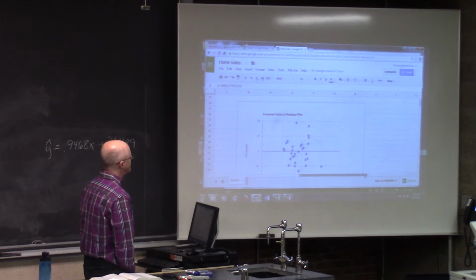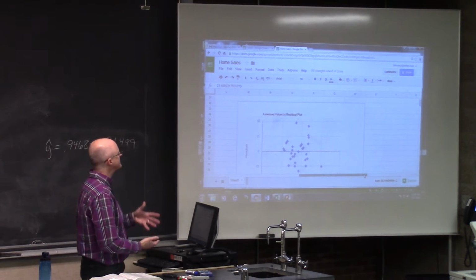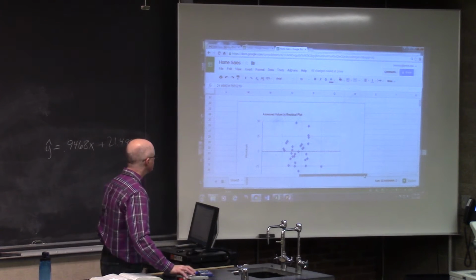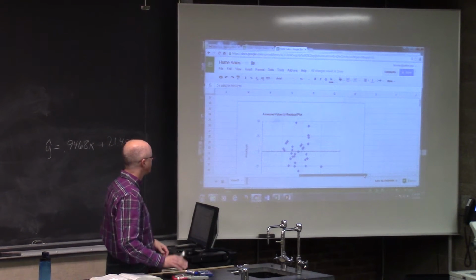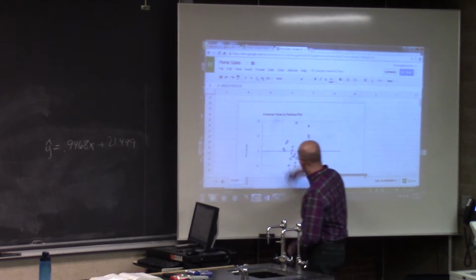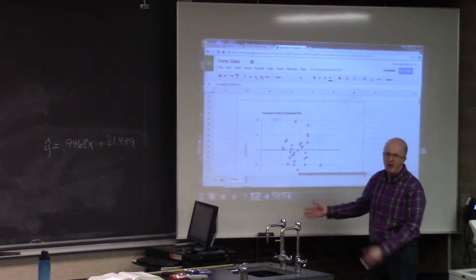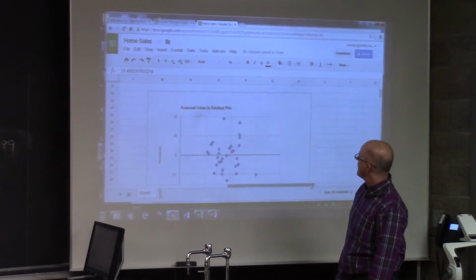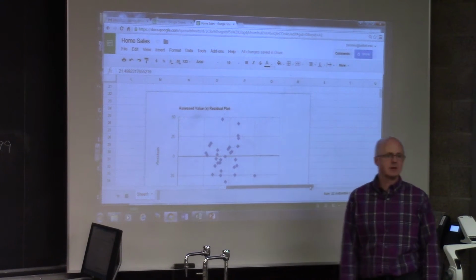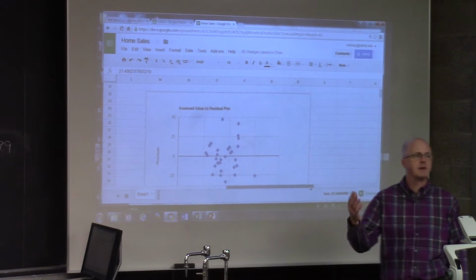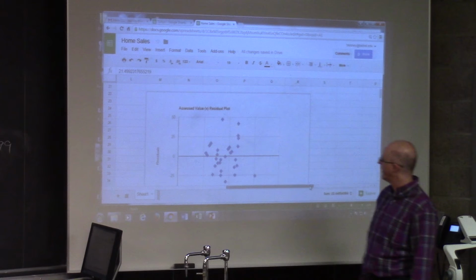What you're looking for is basically random scatter of the residuals about the horizontal line at 0. And you're also looking for spread in the y values, the residual values, that's approximately the same for each value of x. I don't see anything real extreme here. Basically, they do seem random, both above and below the horizontal line at 0.